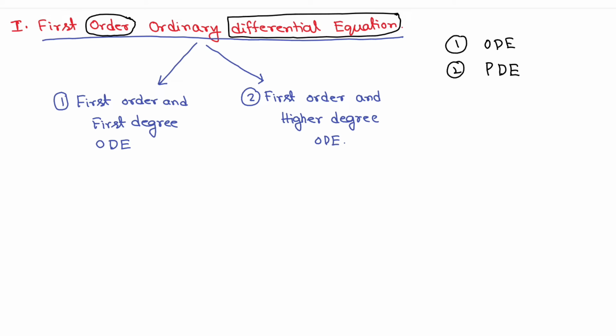So you have to understand the difference between them. We have to know the order of a differential equation, the degree of a differential equation, and the basic difference between ODE and PDE. This is our main topic in this video. This is lecture number 1.